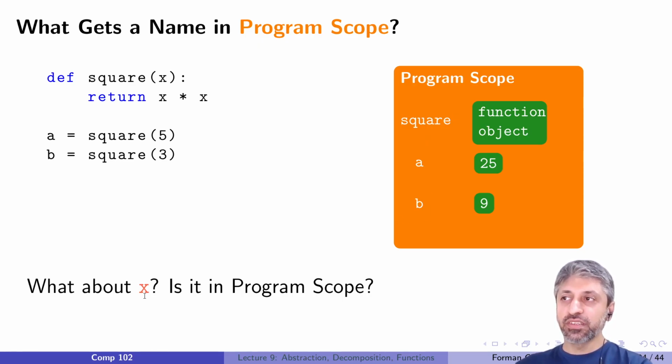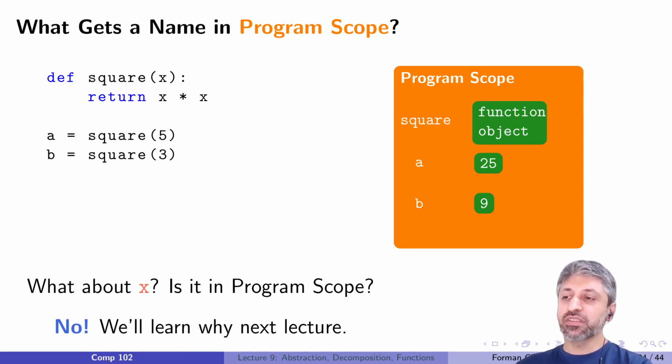But what about X? Does X live as long as the program is running, or is it somewhat short-lived? The answer is, we will learn about that in the next lecture, but just a heads up, the scope of X is much shorter than A, B, or square variables. So it's not program scope.